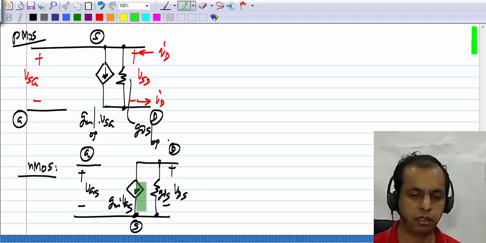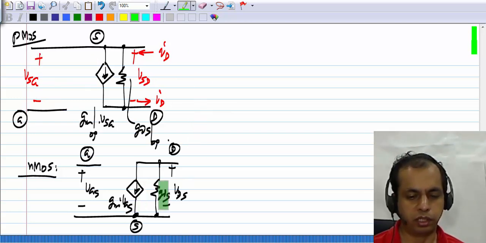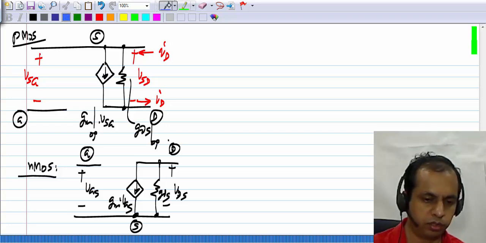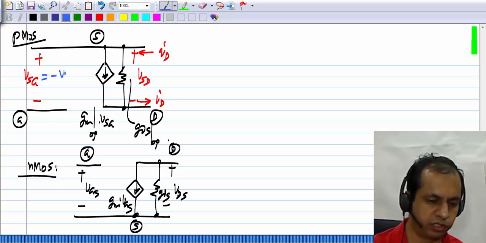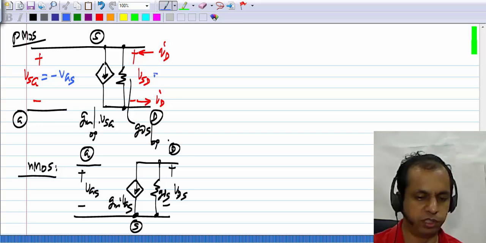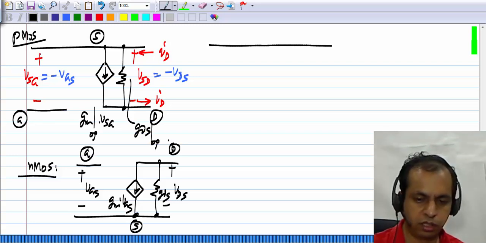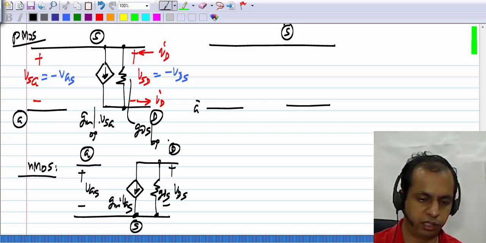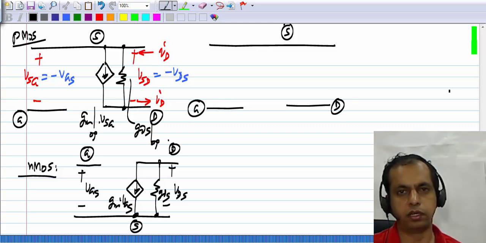Now let's say that we represent this also in terms of VGS and VDS. That we can do, right? Because VSG is minus VGS and VSD is minus VDS. If I do that, what do I get? Let me still write the source here, gate there and the drain there.